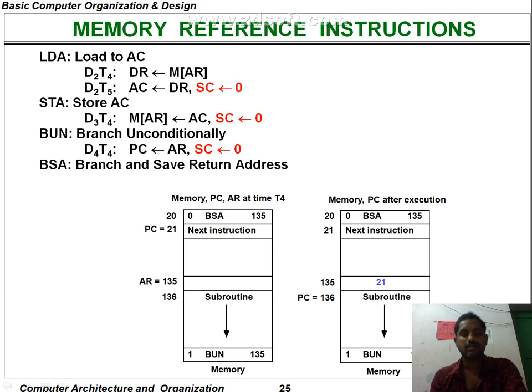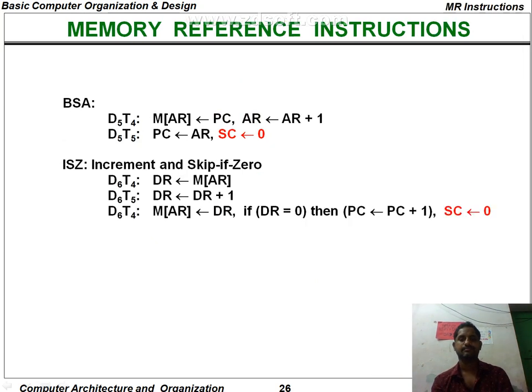Okay, then here you apply the branch unconditionally, it will be performed from the address register to the program counter, that is the sequence counter equal to 0. Branch conditions, increment and skip if 0, the D6 timing signals, it will be based upon the timing control.